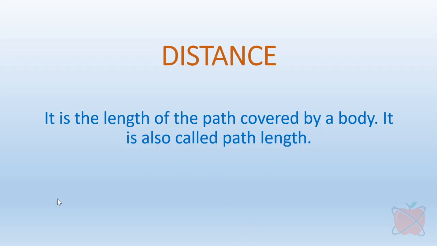For example, in this diagram, let me just draw something. Let's say a body is going from point A, traveling along this path, and then it is going like this, and finally it reaches point B. To find the path length or the distance of the body, you have to measure each section.